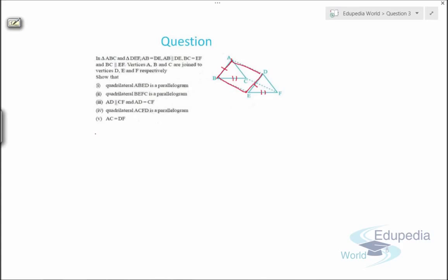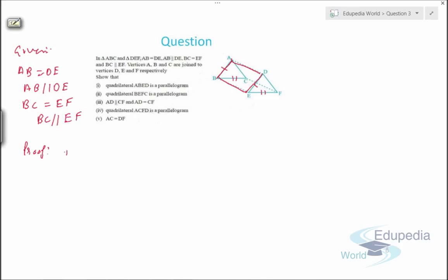First we need to write given: AB equals DE and AB is parallel to DE. It's also given BC equals EF and BC is also parallel to EF. Now let's discuss the proof.